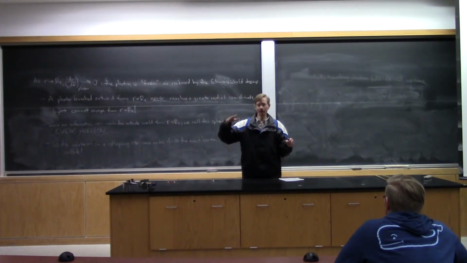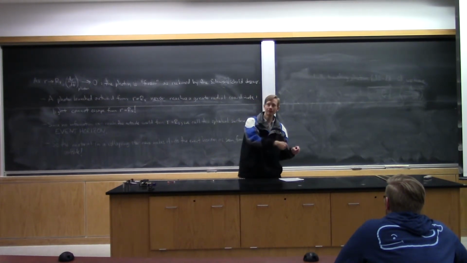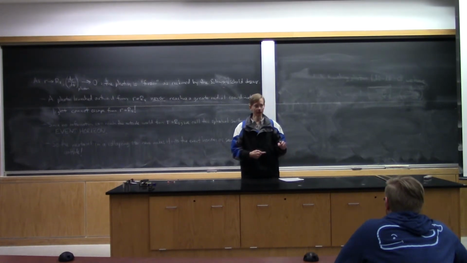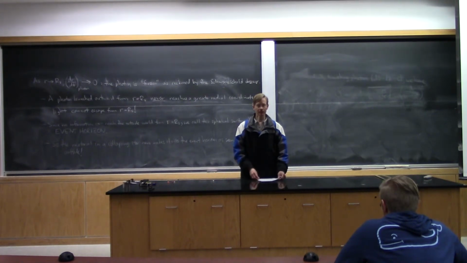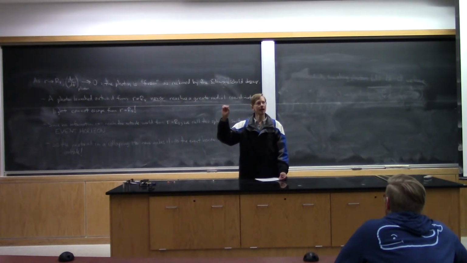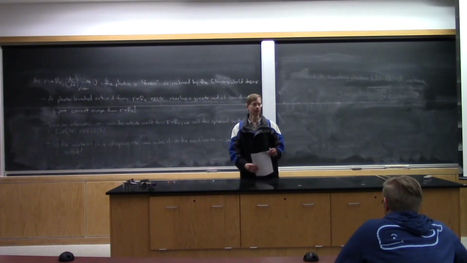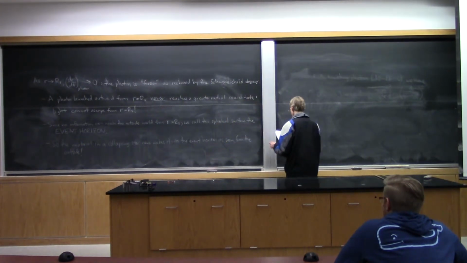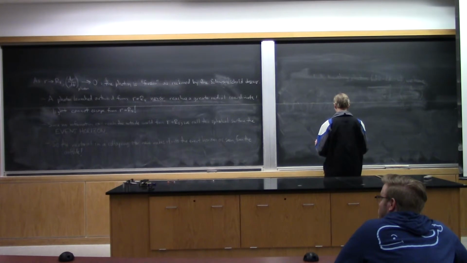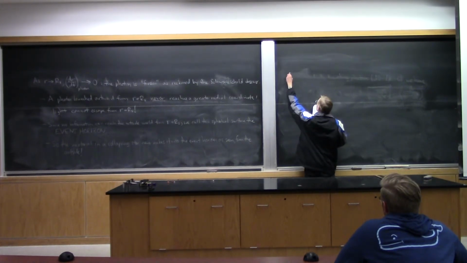Which maybe is firing rockets to keep from falling through the event horizon, or is held by rigid rods if it's not too close. In any case, a shell observer is essentially somebody who has a constant value of R. What does a shell observer obtain for the speed of light?